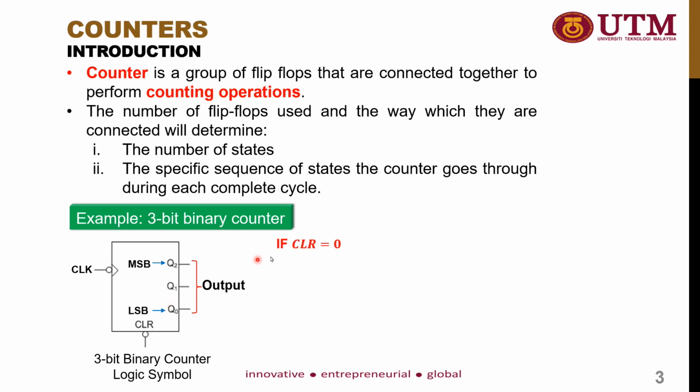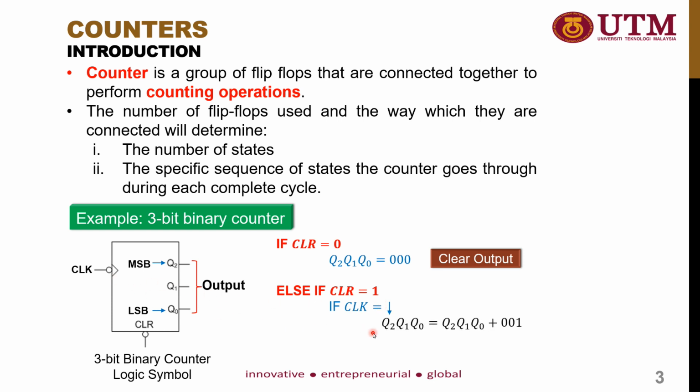For this counter, if we set the CLR to 0, this one is active low. So if CLR equals 0, the output of the counter will become 0. It means that the output has been cleared. But if the CLR pin equals 1, the counting will happen, where if the counter detects the negative edge, which is the falling edge of the clock, the counting will start, where the output will add 0, 0, 1.